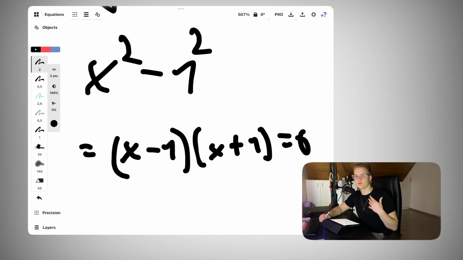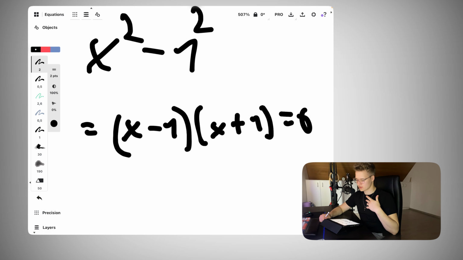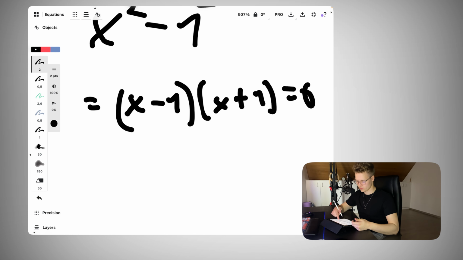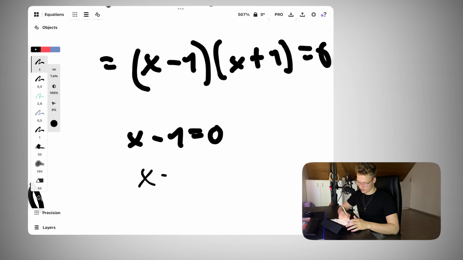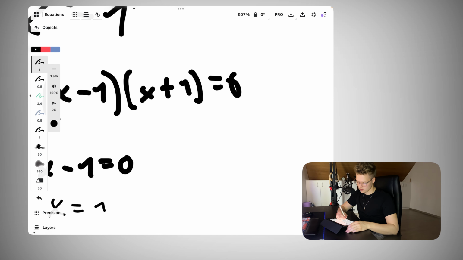And then we're going to use the same thing that we used previously. So we know it's going to be equal to 0 when each of the parentheses is going to be 0. So either when x minus 1 equals 0, in which case we have x equals 1, or when x plus 1 is equal to 0, in which case we have x equals minus 1.